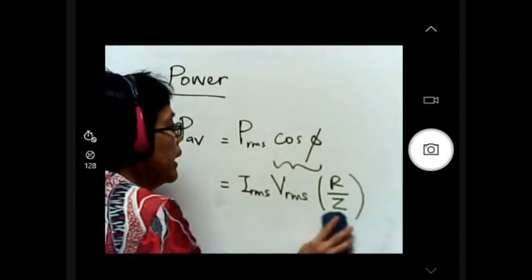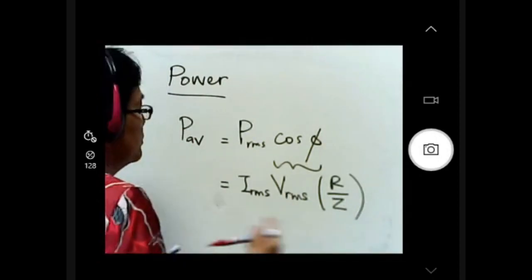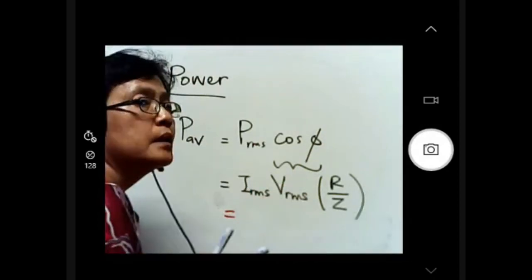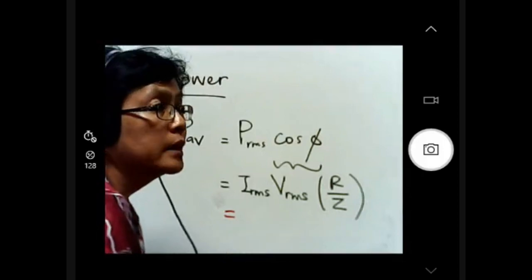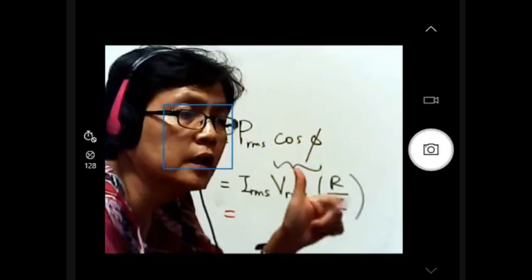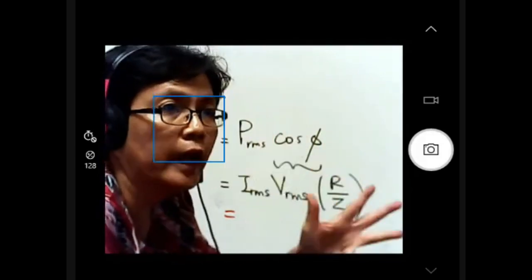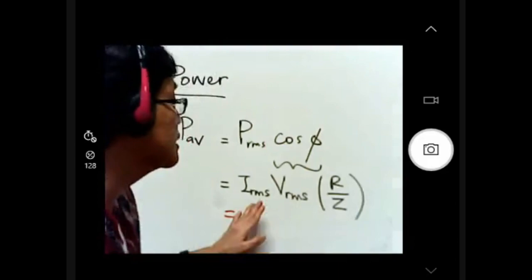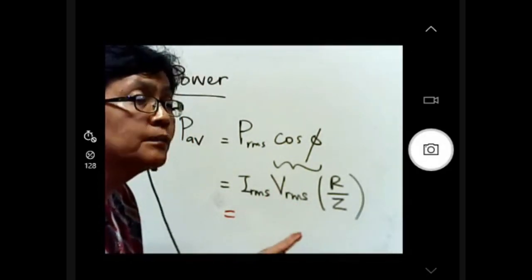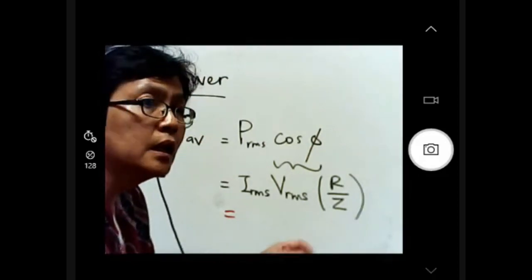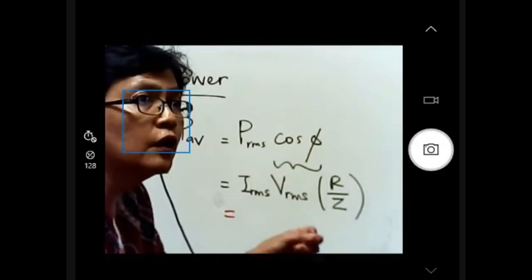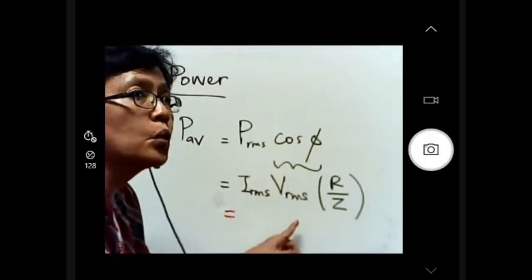Now, this is source voltage. If it didn't say anything, it means it's a source voltage. Otherwise, you will have 4 types of voltage: source voltage V, VR, VC, VL. If the question didn't say anything, the voltage given is the effective value or the stable value of voltage, meaning it is the root mean square voltage as well.